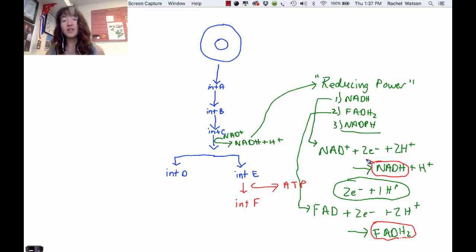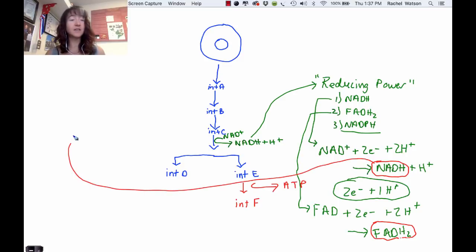So NADH literally, physically delivers its electrons to the electron transport chain. And at the electron transport chain, it transfers its electrons from itself, which doesn't desire them as much as the next carrier in the electron transport chain.